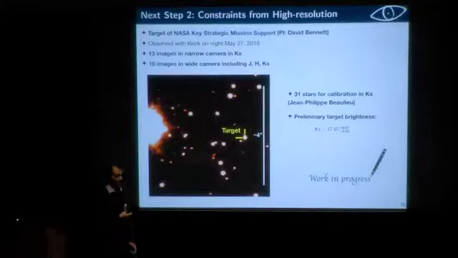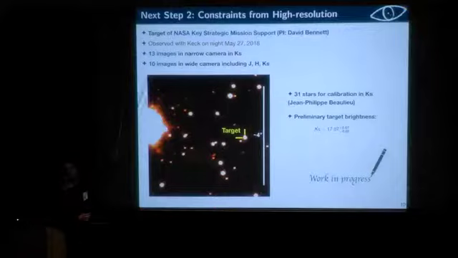The next step is that this target has been observed as part of the KSMS proposal led by David Bennett. We have observations from Keck, 13 images in the narrow camera and 10 images in the wide camera.